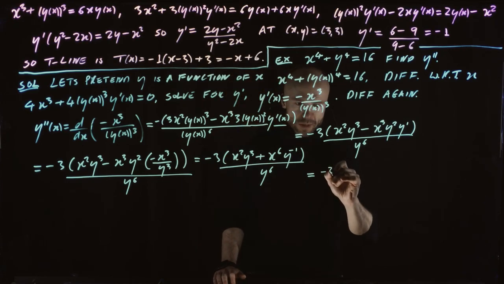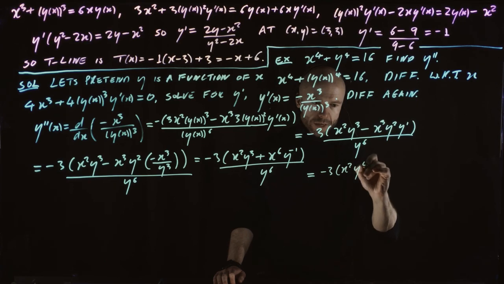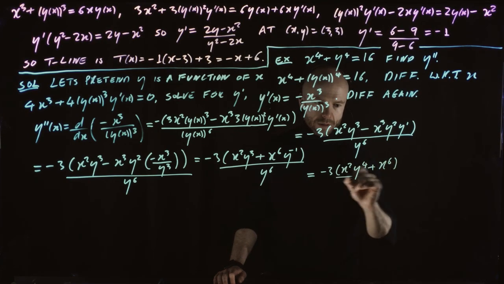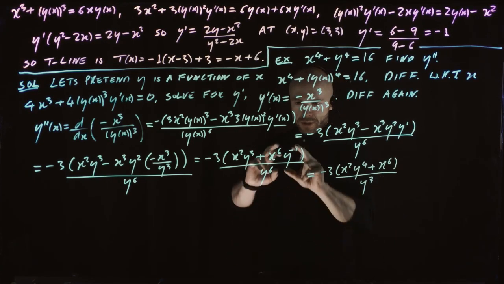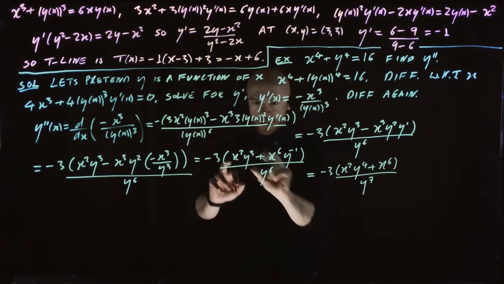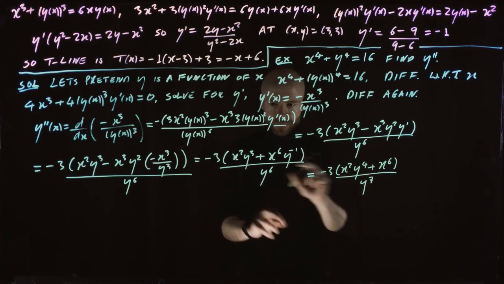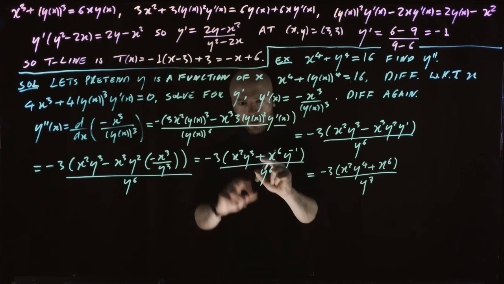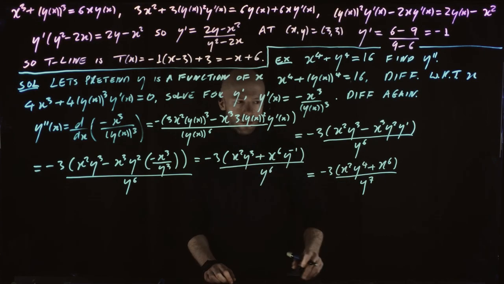So I can write this as x squared y to the 4 plus x to the 6 over y to the 7. This thing here is just this thing here, because we've just increased the power on the top and bottom of y by 1. It's y to the 4 here and y to the 7, and it's the same thing.